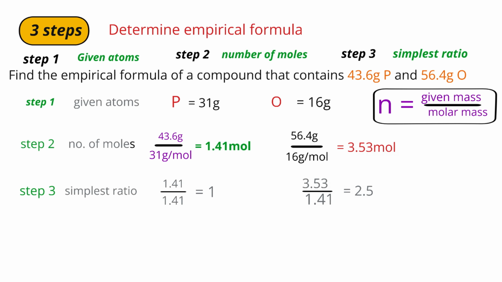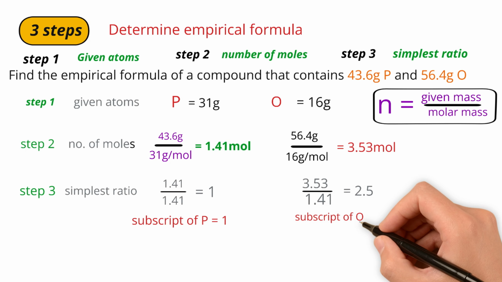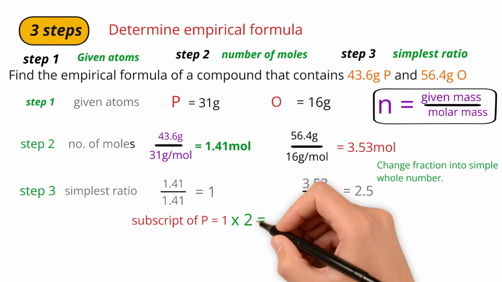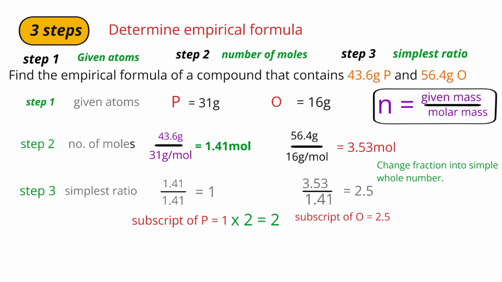Now, the subscript of phosphorus is equal to 1. The subscript of oxygen is equal to 2.5. But subscript will never be a fraction number. So let us change the fraction number into a whole number. To do so, let us multiply each subscript by 2. 1 into 2, which is equal to 2. 2.5 into 2, which is equal to 5.